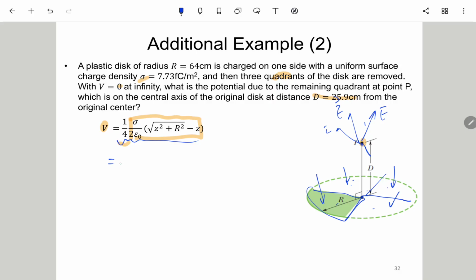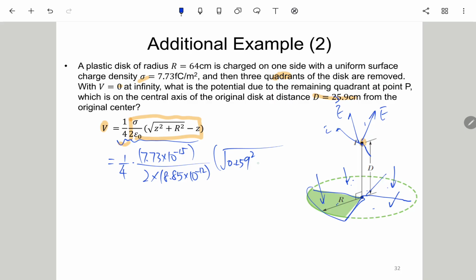So which will be 1/4, times sigma, which is 7.73 times 10 to the negative 15, over 2 times epsilon naught, 8.85 times 10 to the negative 12, and then we have the square root of z squared, where z is actually d here, so 0.259 squared, plus R squared.